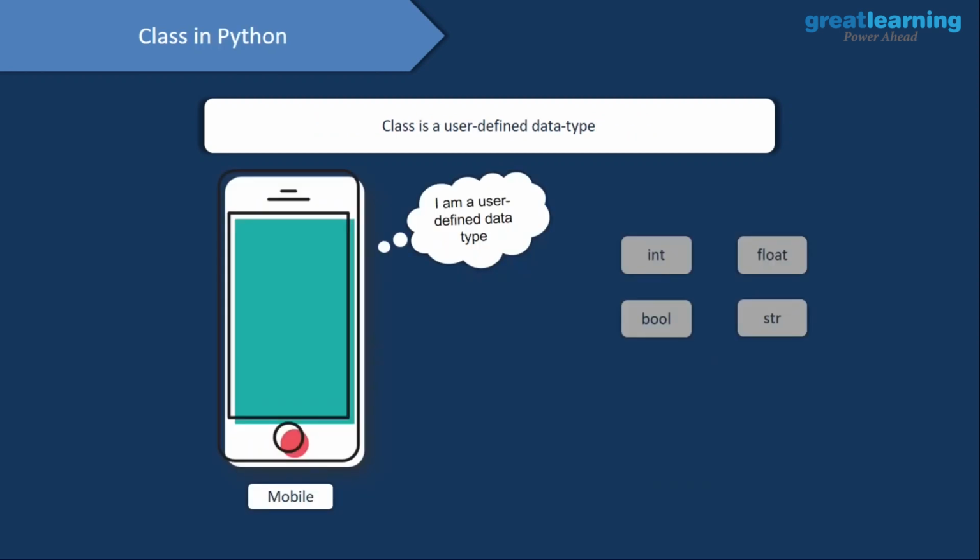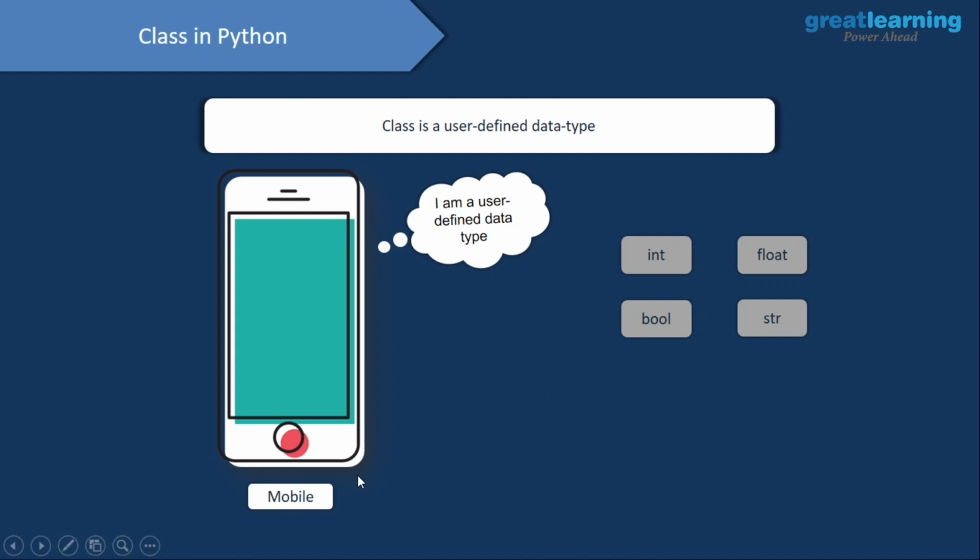And what exactly is a class in Python? You can consider this class to be a user-defined data type. We have looked at the predefined data types, which were integer, float, boolean, and string. Similar to these predefined data types, we can create a user-defined data type, and that user-defined data type will be this class.